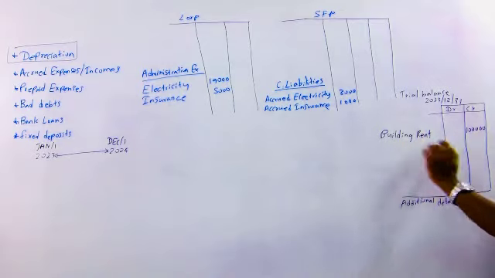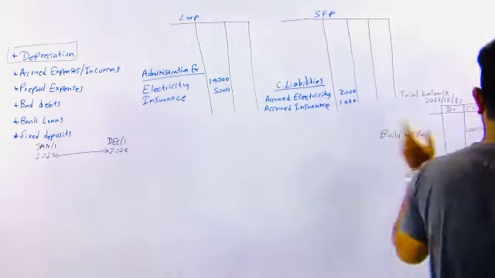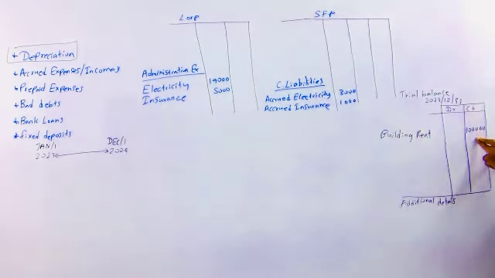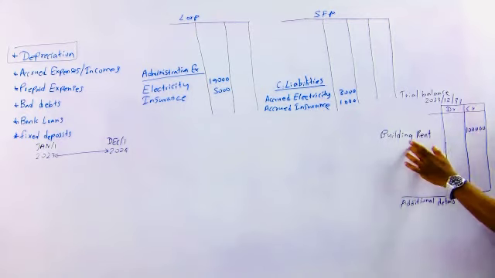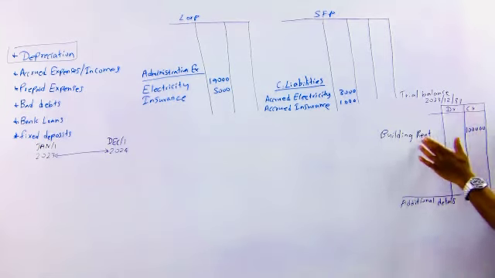Received building rent is an income, so it goes to the credit side, and building rent paid is an expense, so it goes to the debit side. So here we have noted it to the credit side.